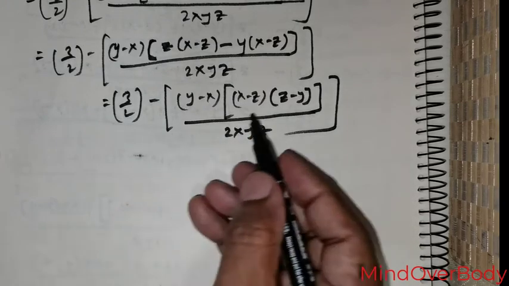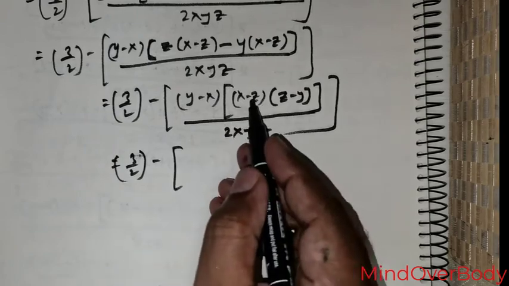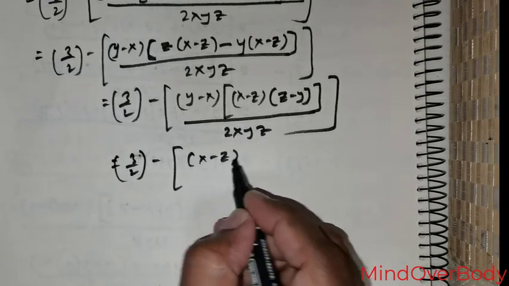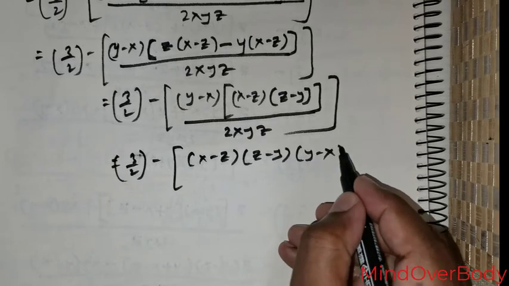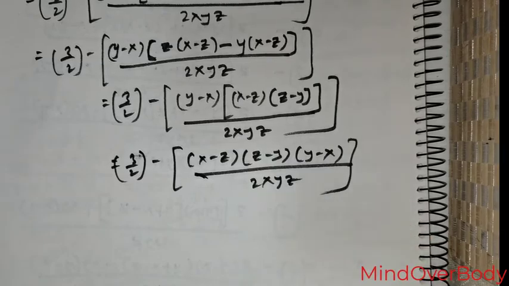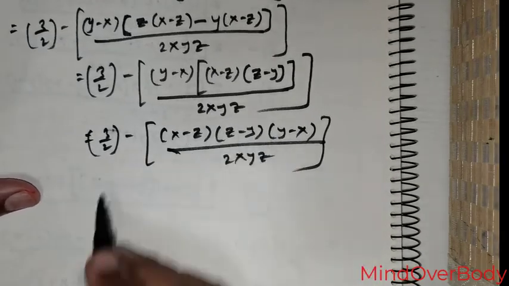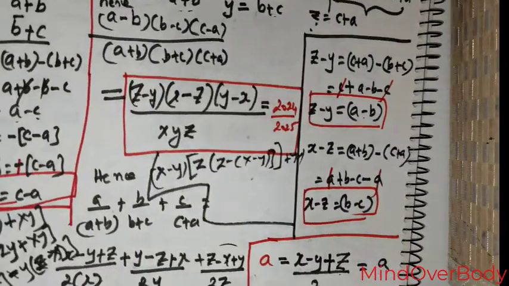Now if I were to rewrite this, I can rewrite this as x negative z times z negative y times y negative x divided by 2 times of xyz. Now what is this? Let's see that. See that?